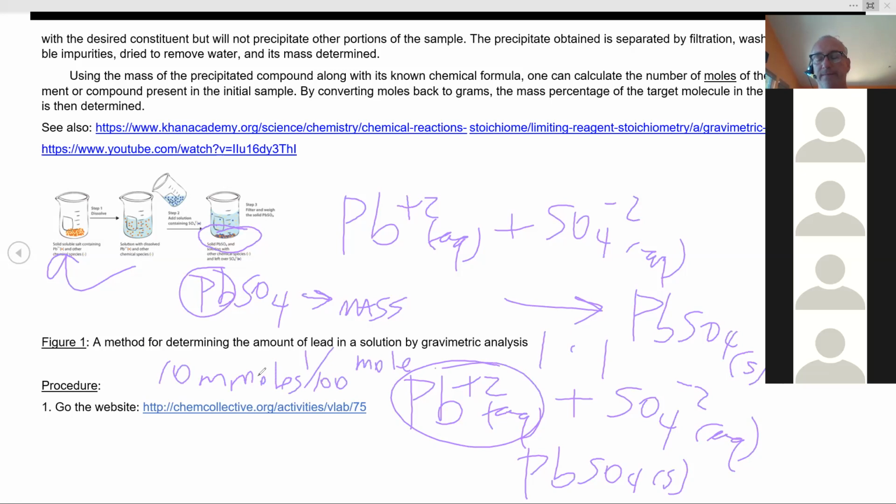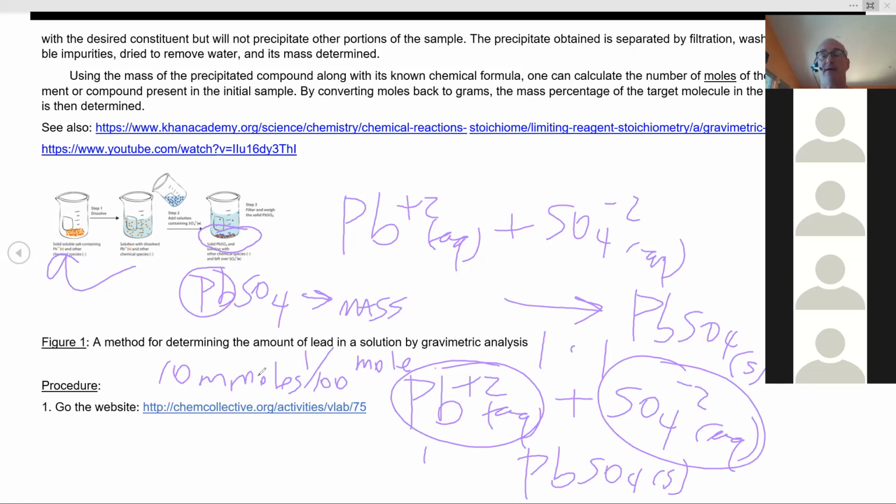So for every one lead ion, it reacts with one sulfate ion and forms one molecule of insoluble lead sulfate. So let's say I have 10 millimoles of my lead, and I add 1,000 millimoles of sulfate. Am I going to get more lead sulfate precipitating or the same amount? The same amount? That's right.